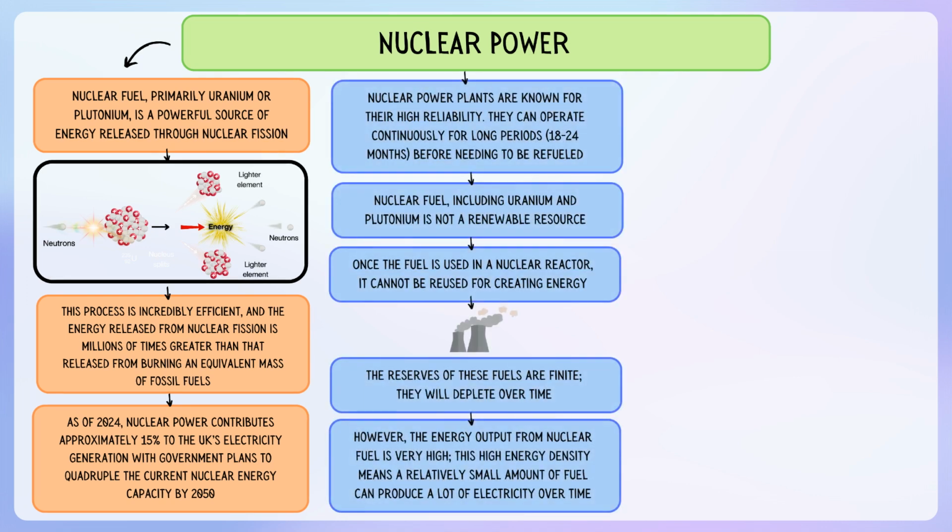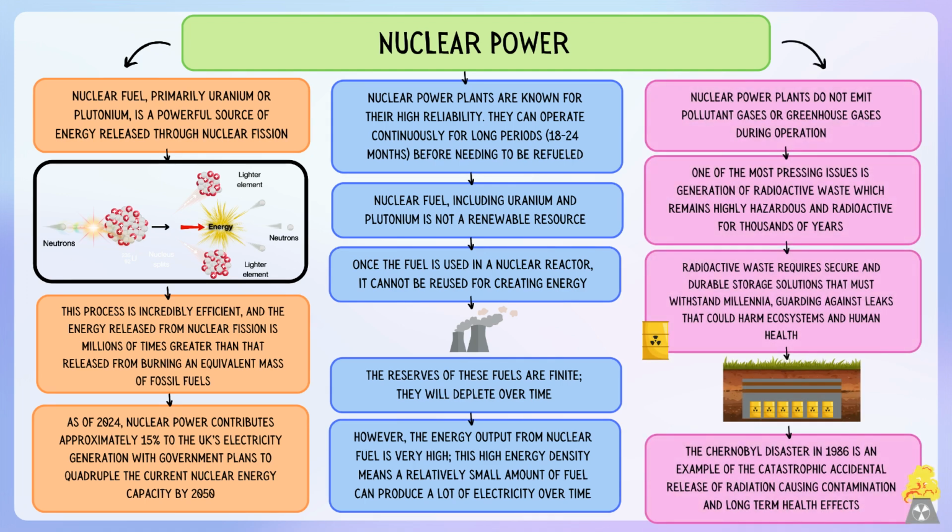We discussed the reliability of nuclear energy and addressed the classification of nuclear fuel as a non-renewable resource due to its finite availability. Moreover, we examined the environmental impact of nuclear energy, acknowledging that while it produces minimal greenhouse gas emissions compared to fossil fuels, it poses significant challenges such as radioactive waste management and the potential risks of nuclear accidents.